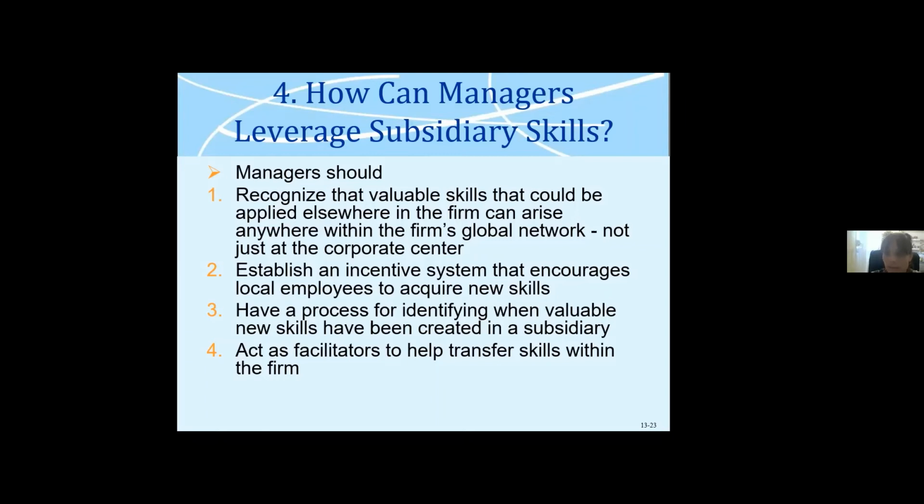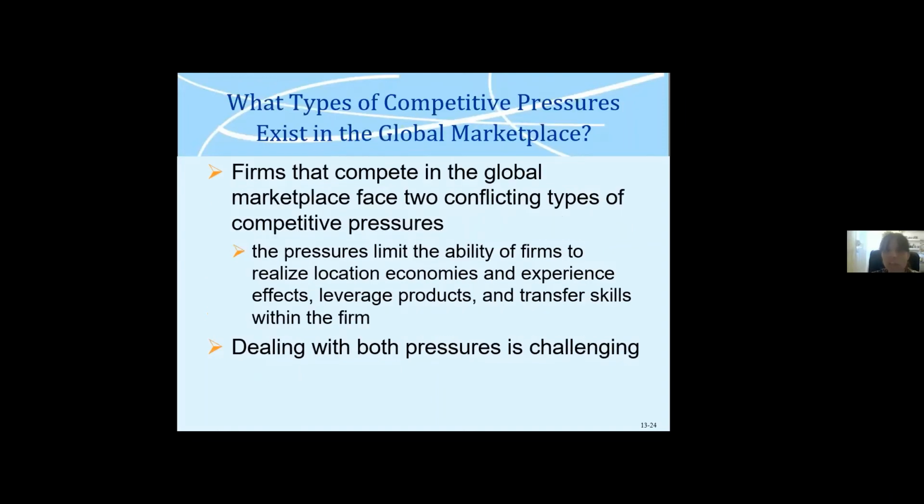Another issue to discuss is what types of competitive pressures exist in the global marketplace. This is an important issue because when firms compete in the global marketplace, they typically face two types of competitive pressures that affect their ability to realize location economies and experience effects, and to leverage products and transfer competencies and skills within the enterprise.